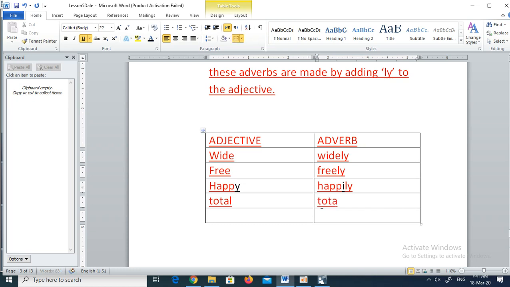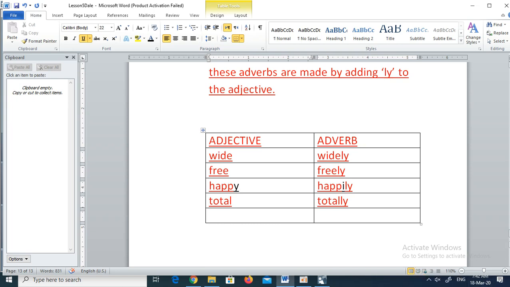If it is total, it goes to totally. So in all these cases, basically you take the adjective and it then adds an ly at the end to make it widely.